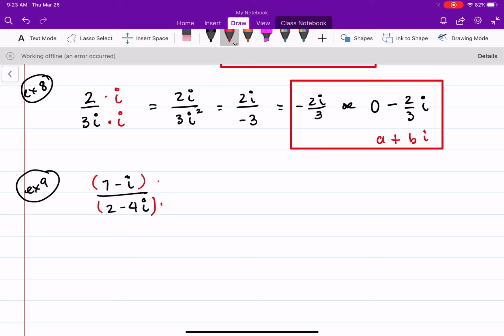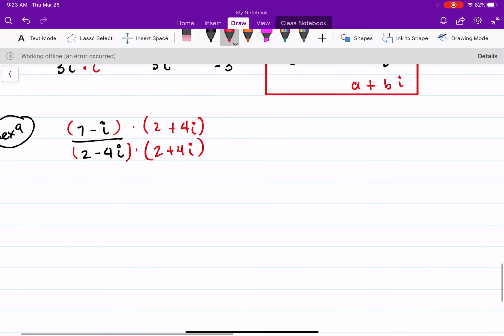However, like with radicals, we multiply by the conjugate of that denominator. I told you guys that double distributing would be the best way to go, so that's what I'm going to show you. I have 7 times (2 plus 4i) minus i times (2 plus 4i).